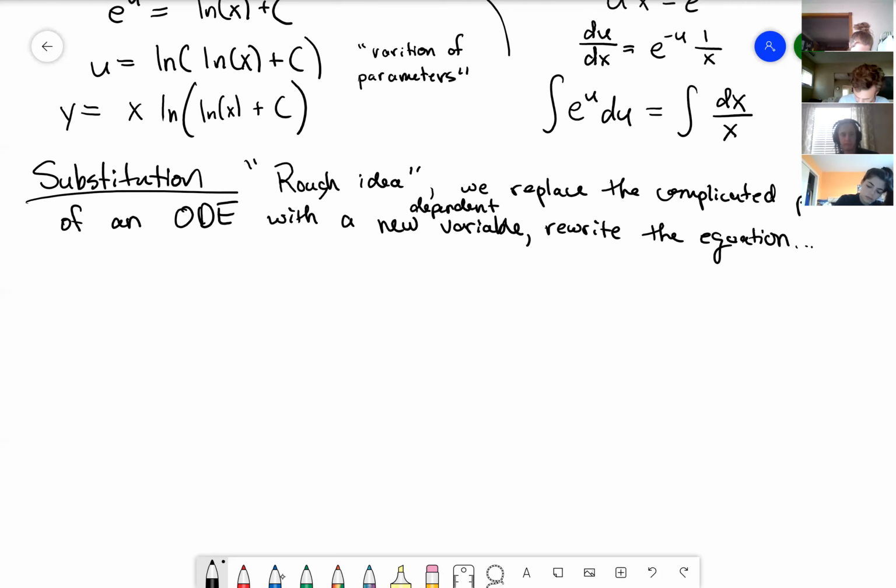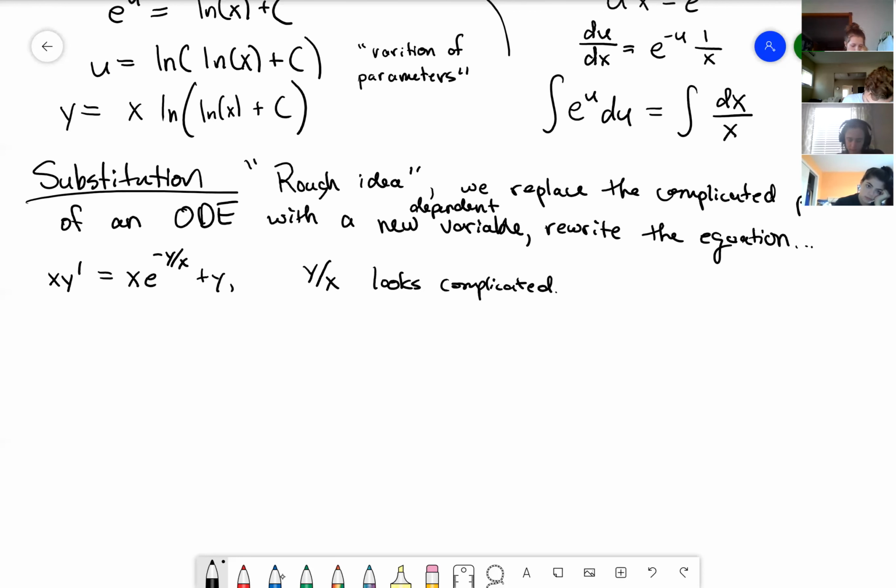So using this same example, we had x y prime is equal to x e to the minus y over x plus y. The y over x looks complicated. So we're going to make the substitution u is equal to y over x.